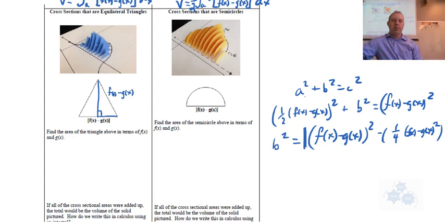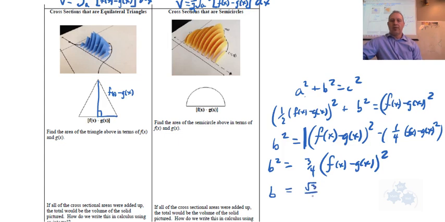If this is 1, and you're subtracting 1/4 of the same thing, this looks like 3/4 of f of x minus g of x, all squared. So if we take the square root of both sides, we end up with our height, which is root 3 over 2 f of x minus g of x. As a height, you good with that? Or let's make that an h now, the height.